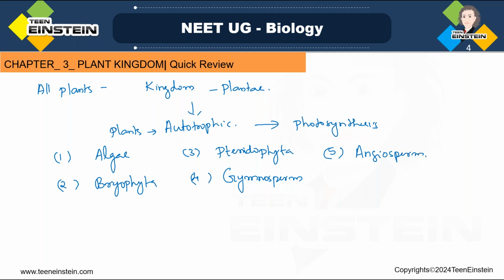So these are the main groups of plants coming under kingdom Plantae: algae, bryophyta, pteridophyta, gymnosperm and angiosperms.